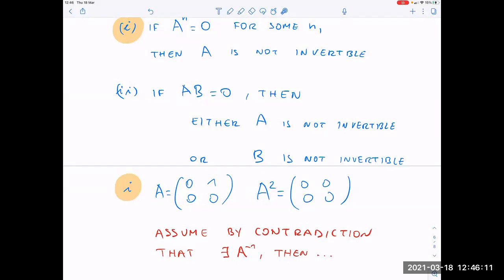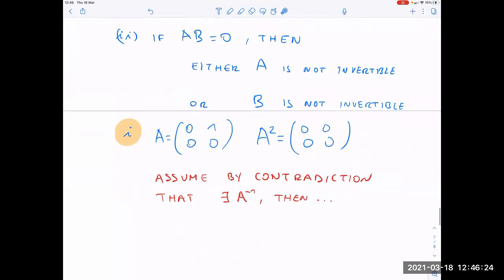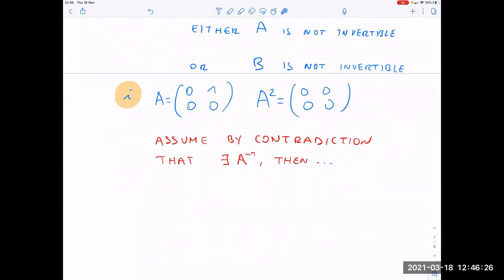Can you find the inverse of A squared if A is invertible? Yep, but can you find the inverse of A squared using the inverse of A? If it exists, we are assuming it. So what would you do?